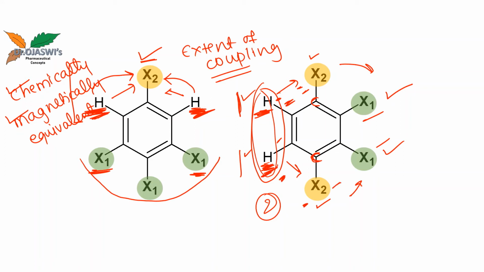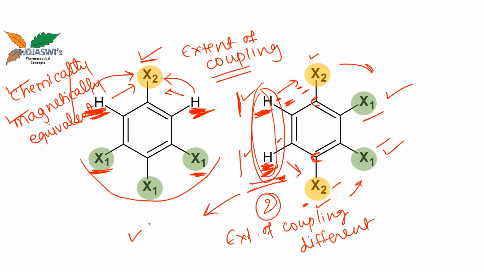So their extent of coupling is different. The extent of coupling, that is the coupling constant, would be different, and thus these two hydrogens are chemically equivalent, but they are not magnetically equivalent.